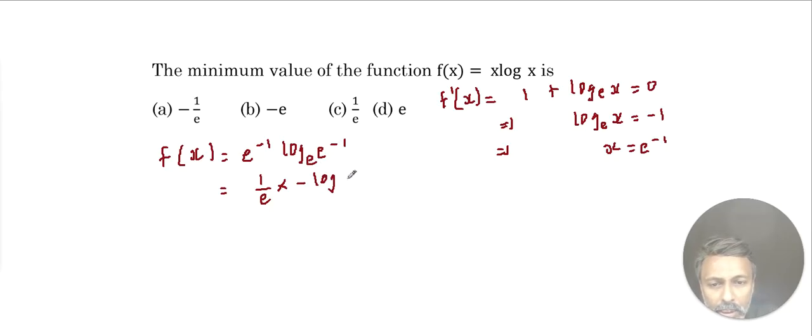This is always log e to the base e, which is 1. So we are left with minus 1 upon e into 1, which is minus 1 upon e. This is the minimum value, which is option A.